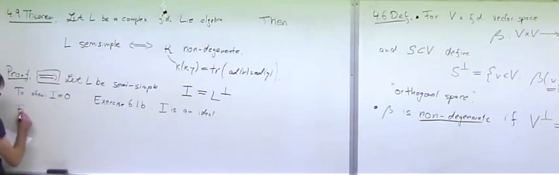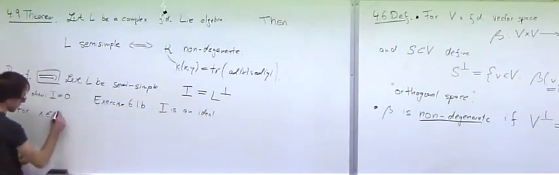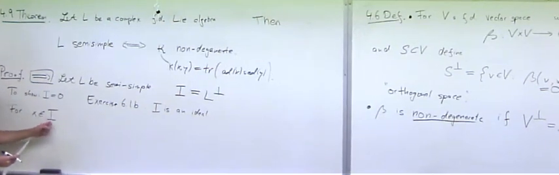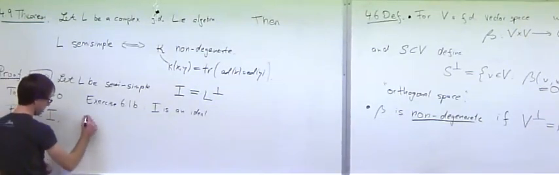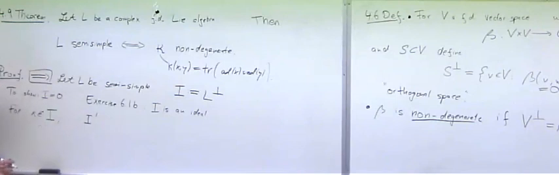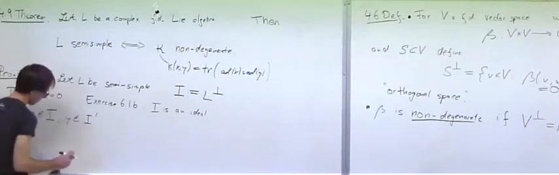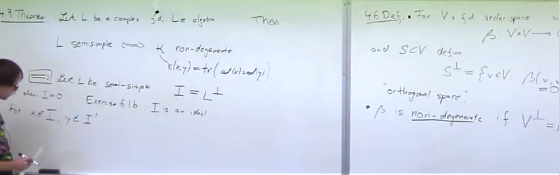Let's consider the following elements. X, an element of the ideal. So the ideal is in particular a Lie subalgebra. So you can form the derived subalgebra generated by the commutators in I. And I take an element Y of the derived subalgebra.